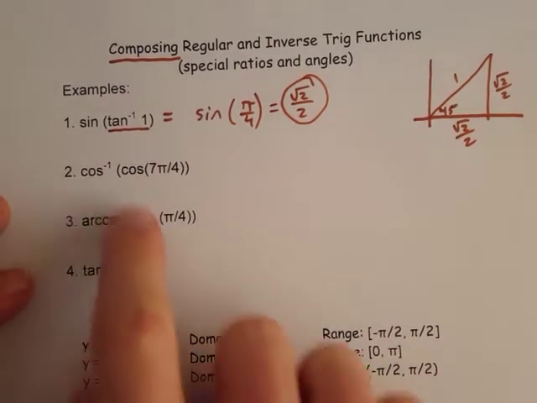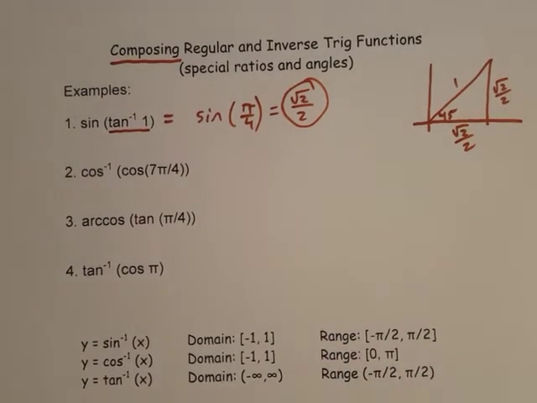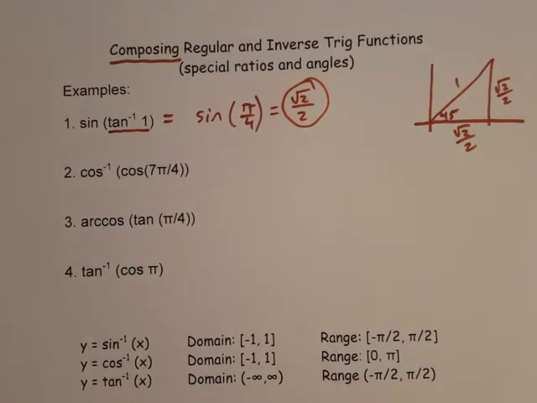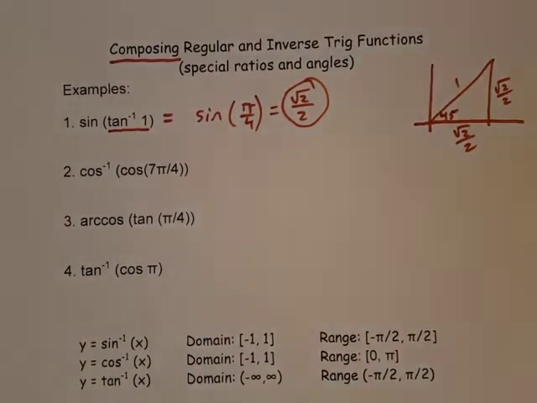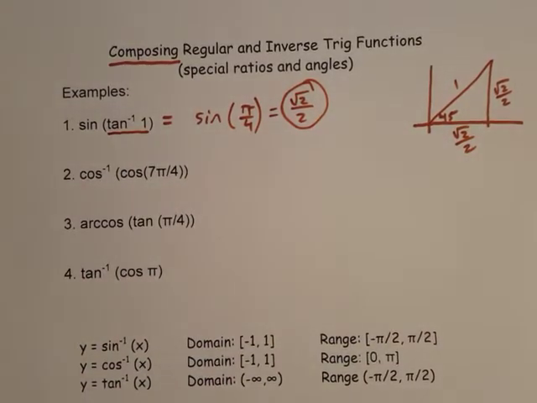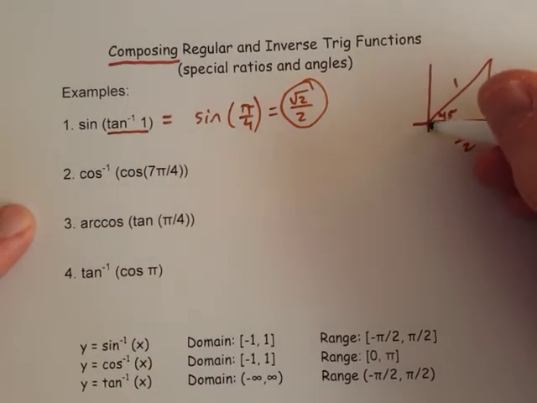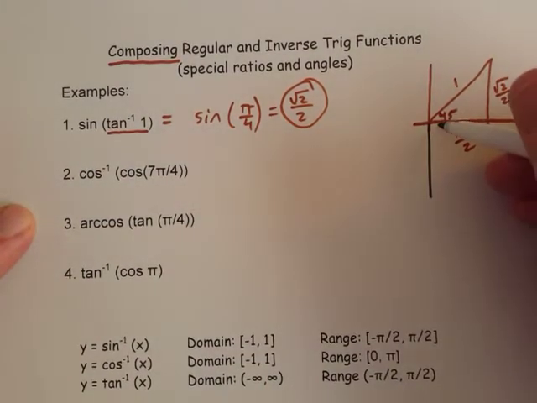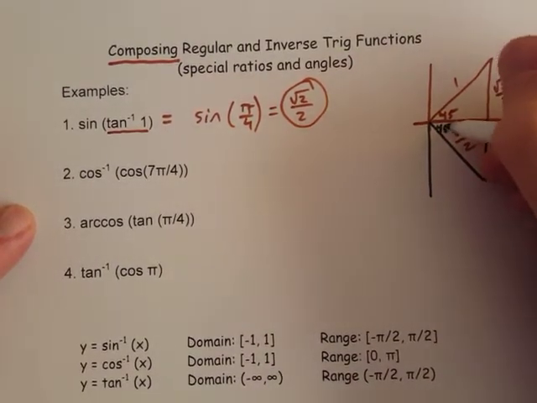Next thing is we've got here cosine inverse of cosine of 7 pi over 4. We're going to do these things one at a time, like I mentioned, and cosine of 7 pi over 4, we need to set that up first. So let's just do that over here with this picture since we've got already a grid going. 7 pi over 4 happens to be the angle in the fourth quadrant, but it's also a 45 multiple. So this is going to be a 45 in here.